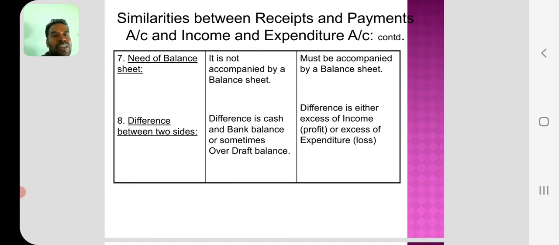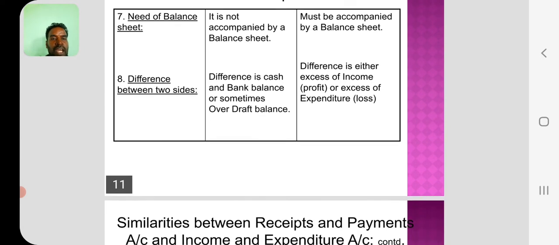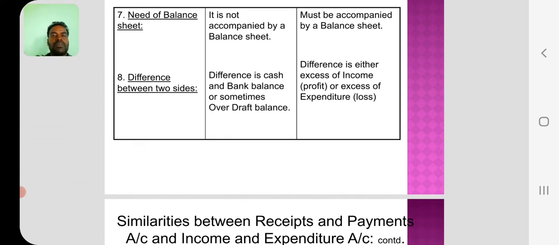Need of balance sheet: it is compulsory to prepare a balance sheet after preparing receipts and payments account. Coming to income and expenditure, a balance sheet will also be prepared. Difference between the two sides: the difference is a cash and bank balance, or sometimes an overdraft balance.